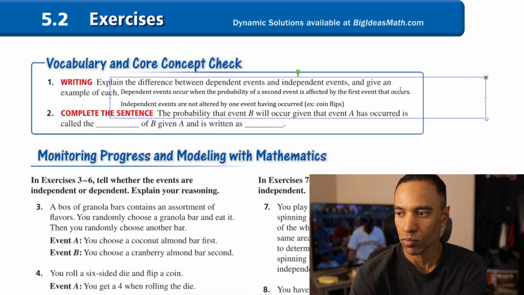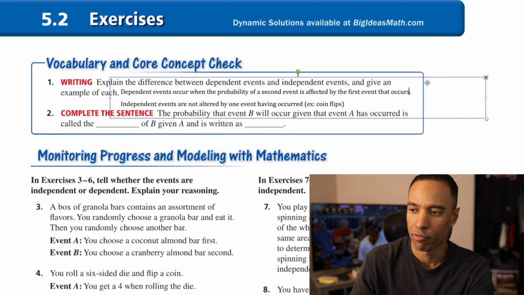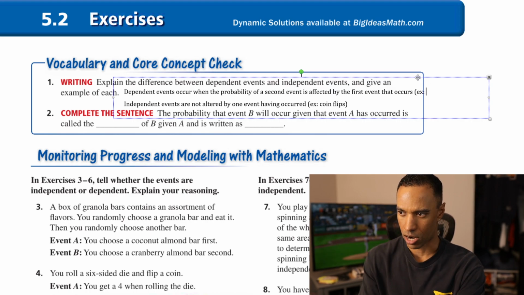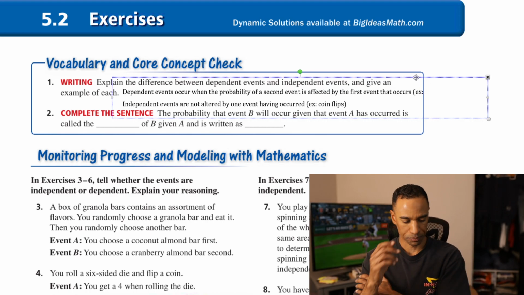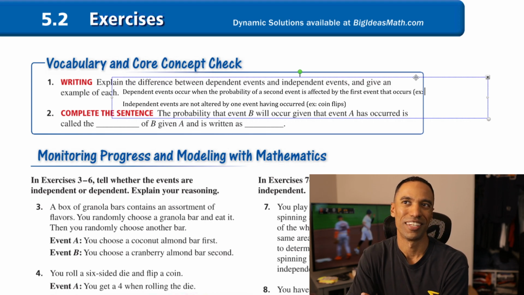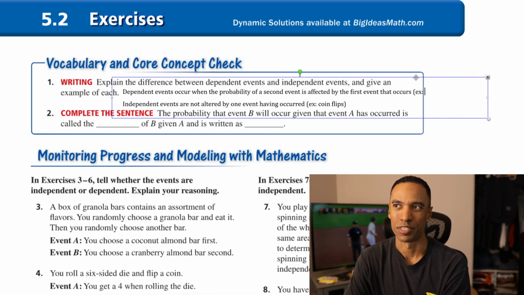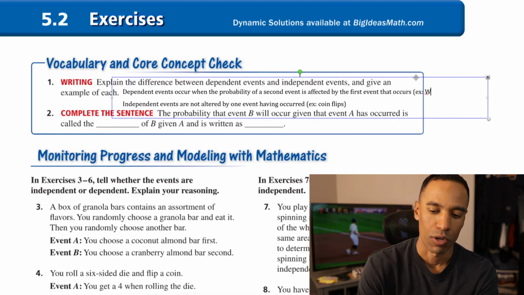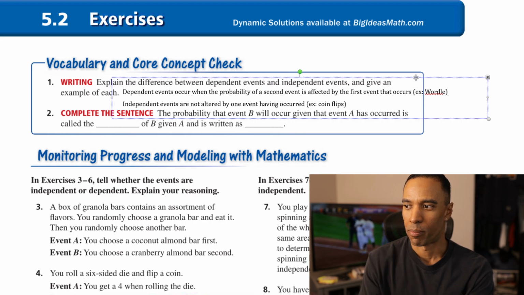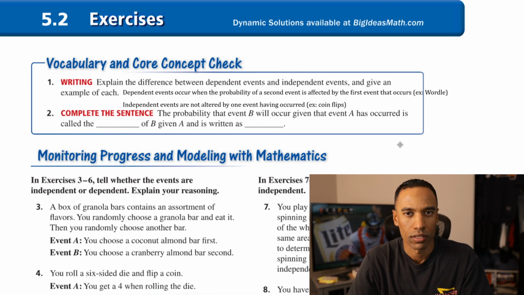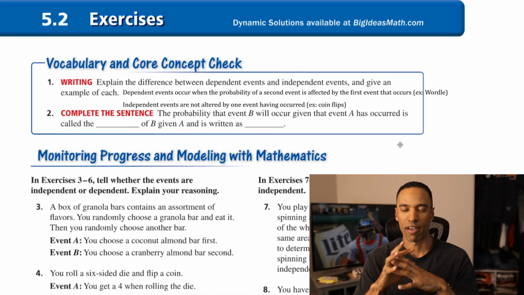For a dependent event, I want to try and do something different, not drawing a card one, so let's do, shoot, I want to do one we haven't done. I'll just say Wordle. Now, why does Wordle matter? Because if you don't know what Wordle is, it's the word guessing game, the 5-letter word thing.